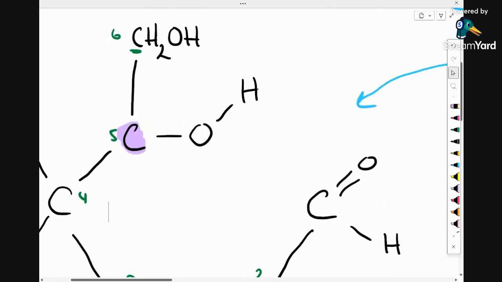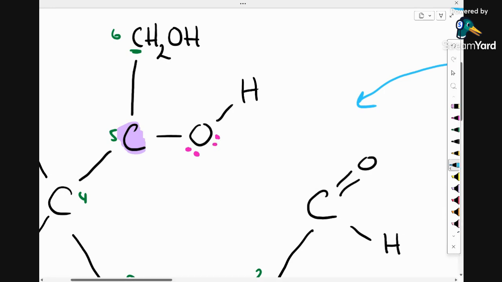And the important point here is we have on this oxygen 2 lone pairs. So I'm going to try and draw them like this. This part of the video will take a little bit more time to explain, but hopefully it's useful to you. So, 2 sets of lone pairs here.